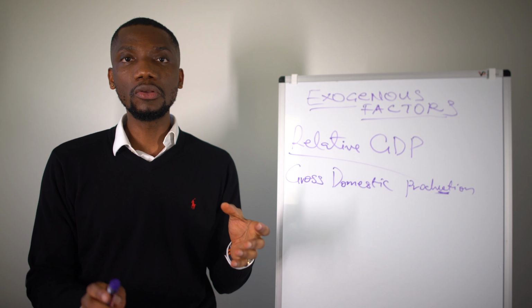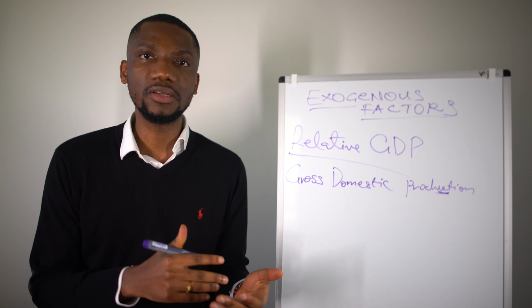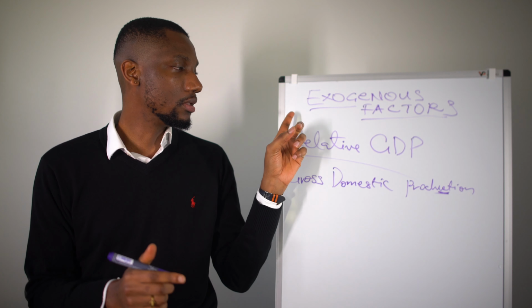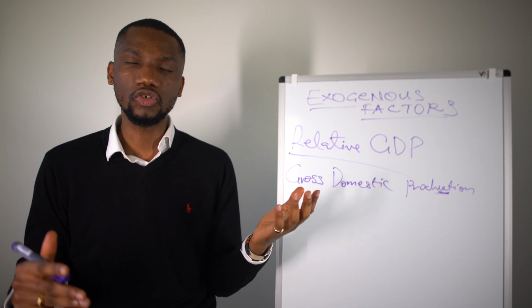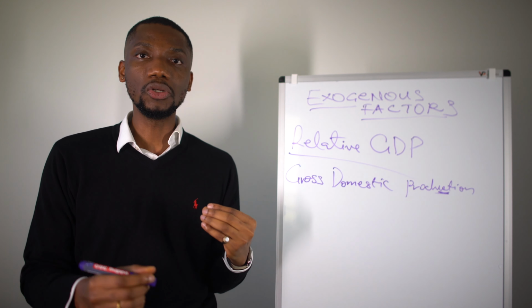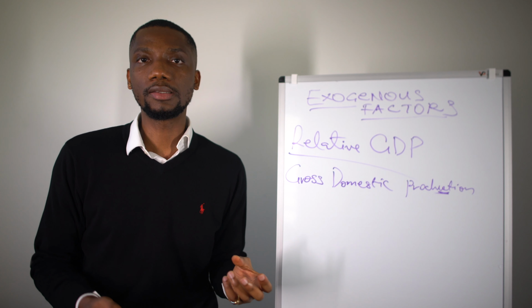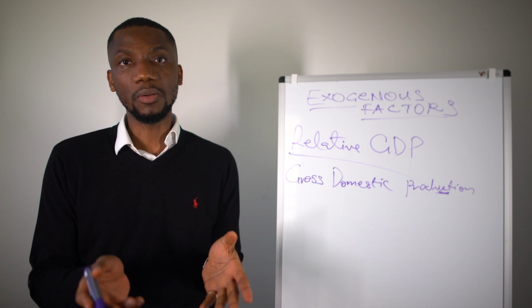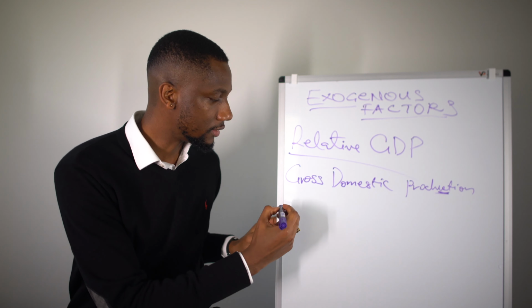So, for you as someone that is trying to do an analysis, an exogenous analysis, considering relative GDP of 2, 3, 4 countries, you have to change it into what everybody will call the reserve currency, which is the US dollars. So let's make some assumptions here. The first assumption is first quarter 2020.